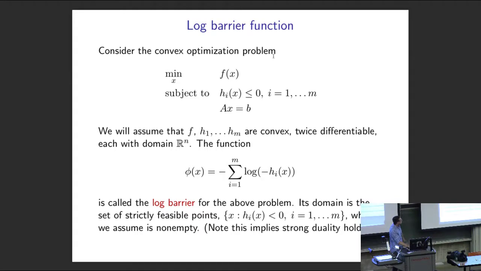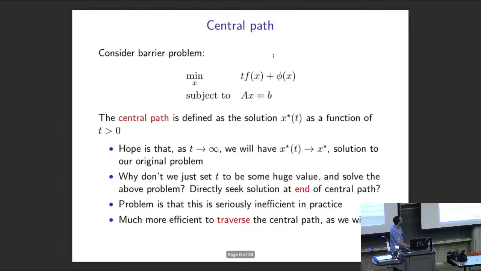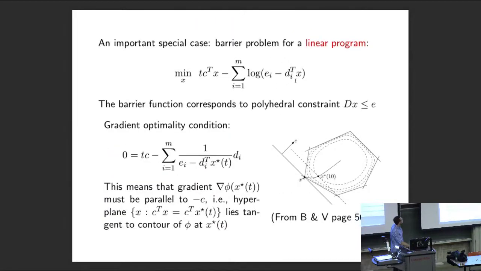You can check this in various ways. It's easy to see directly for this linear program, because log is concave, and now I'm composing log with an affine function. So negative log is going to be convex. So this is a convex problem.